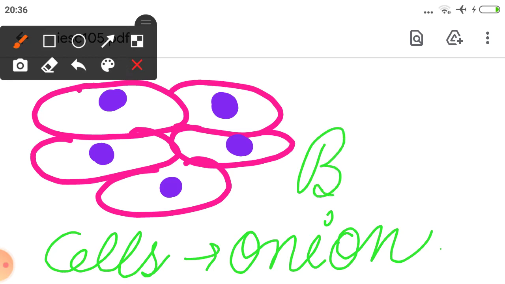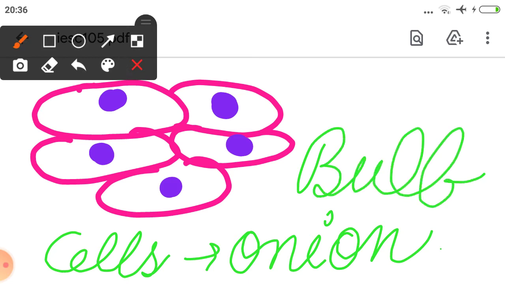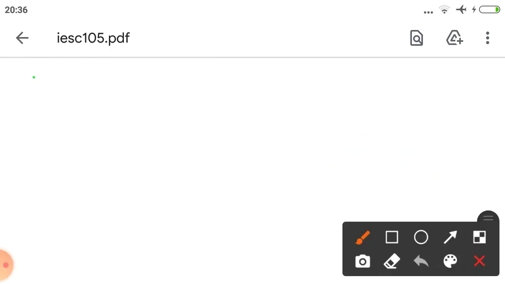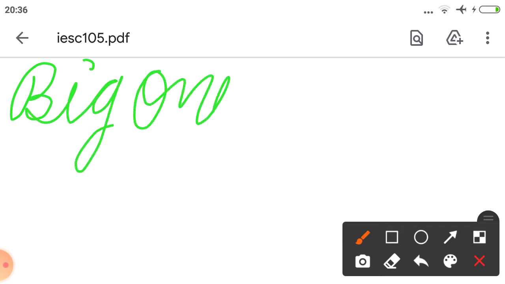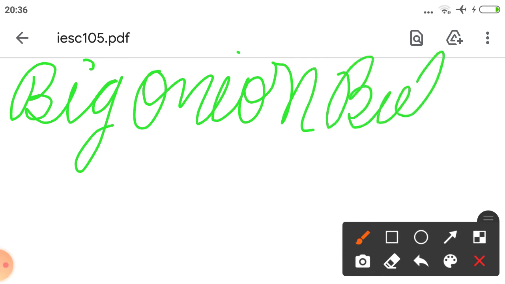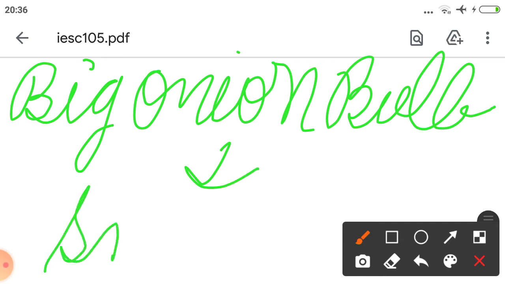I hope it is clear. A big onion bulb and a small onion bulb.